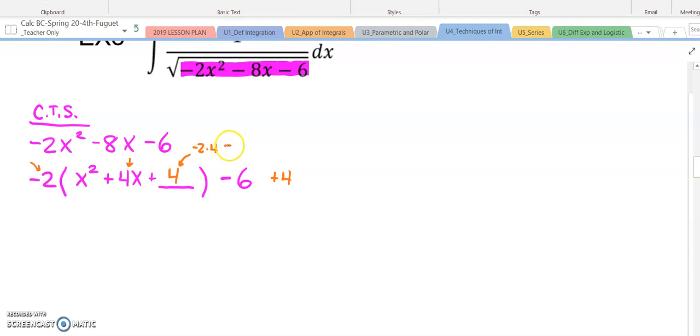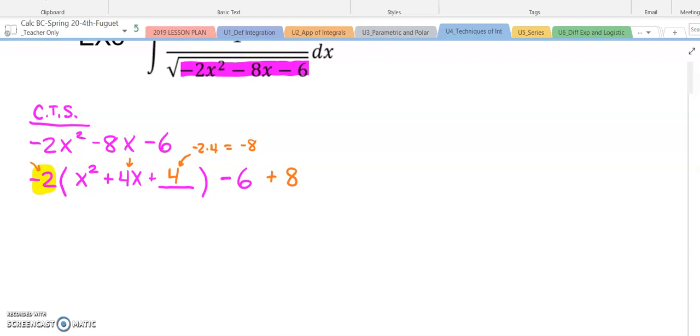So really what I added to this equation in disguise was a negative 8. So in order to offset subtracting an 8, which is what essentially is happening here, I'm going to add an 8 on the outside of this parentheses. That's a really important thing whenever you complete the square and you have a factored GCF on the outside here that you need to consider.